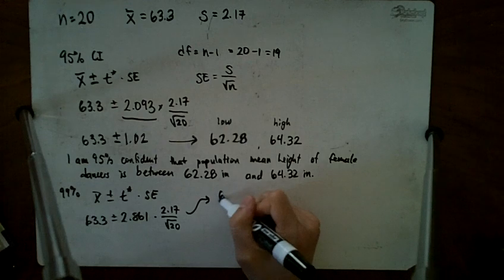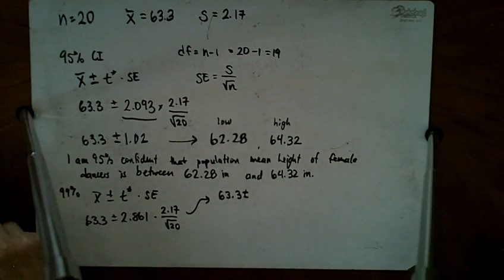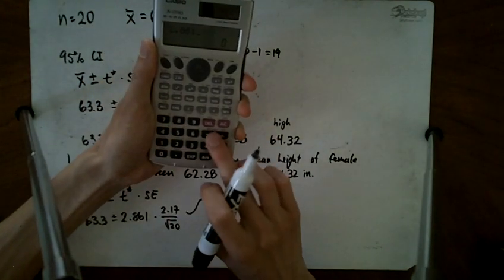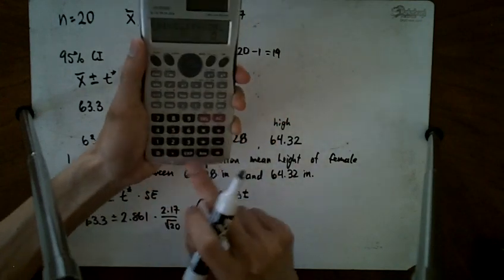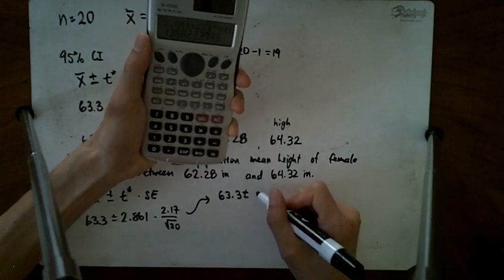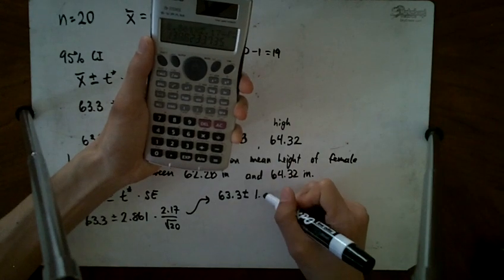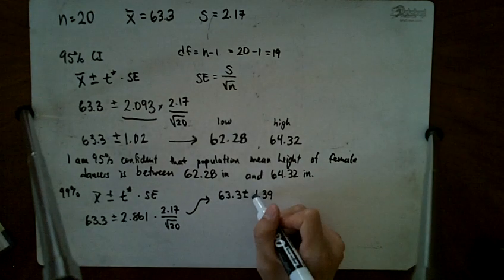So this becomes 63.3 plus or minus, and now I have a new number to calculate, 2.861 times 2.17 divided by the square root of 20. This gives me plus or minus 1.39, or I'm going to just round off to 1.4.